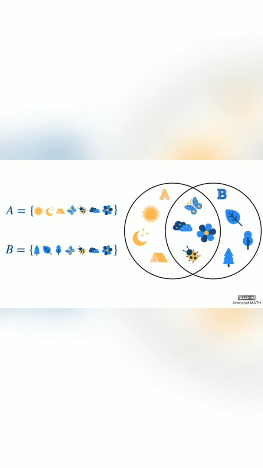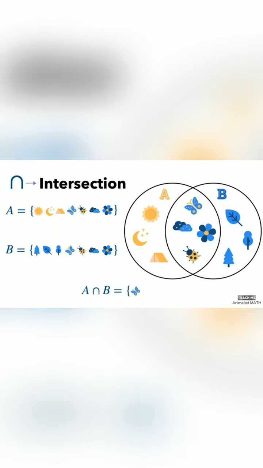When we take only the elements that are common to sets, we call that the intersection of these sets. This is the symbol for the intersection of sets. The intersection of A and B means all the elements that are in both A and B. Let's go back to our previous Venn diagram.